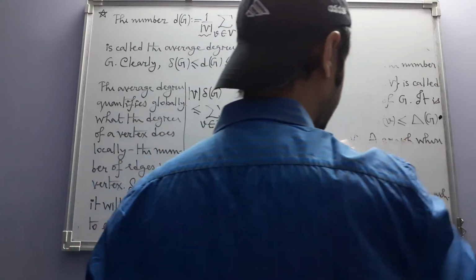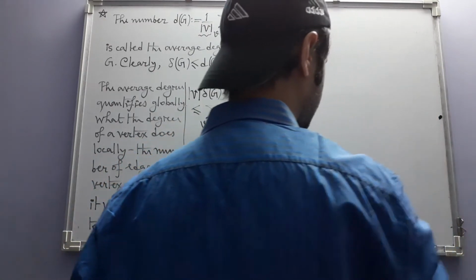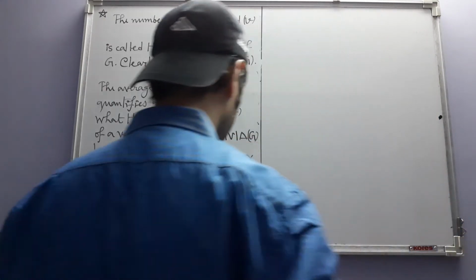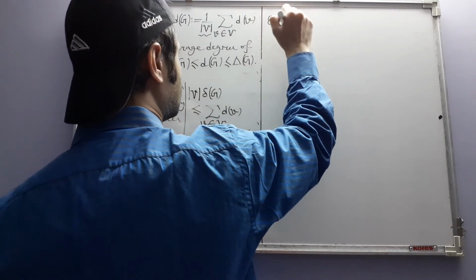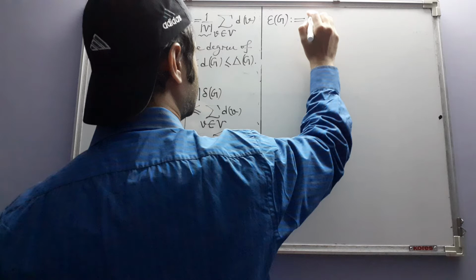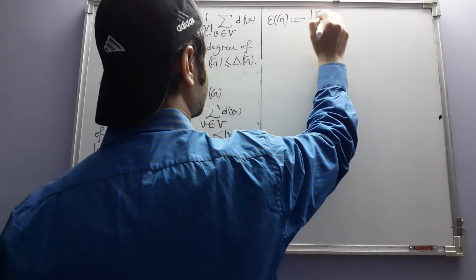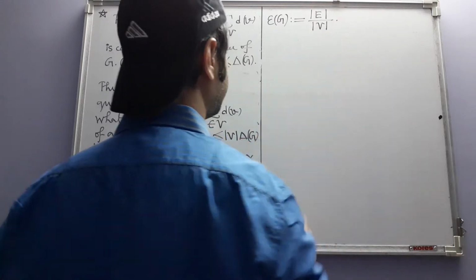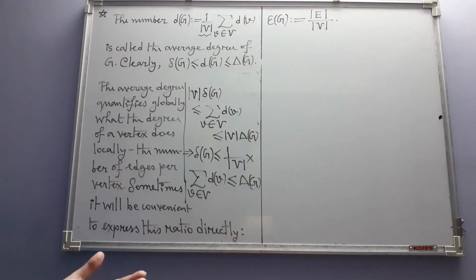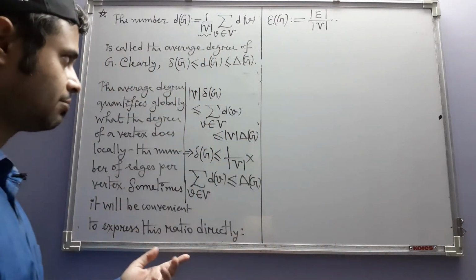Instead of considering degrees, we are straight away going to just divide the number of edges by the number of vertices. This is also another way of finding that average.